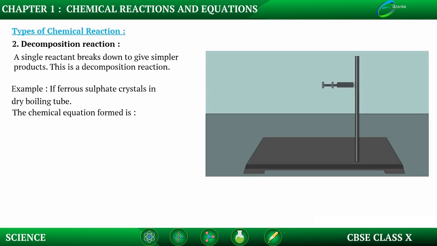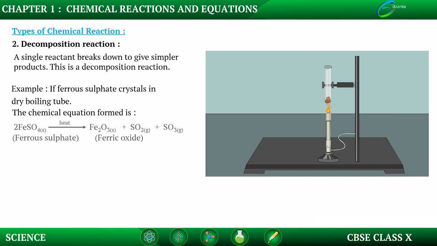Pure ferrous sulfate crystals are green in color. When ferrous sulfate crystals are heated, observe the change in color. Ferrous sulfate breaks down into ferric oxide, giving rise to sulfur dioxide and sulfur trioxide as gases.